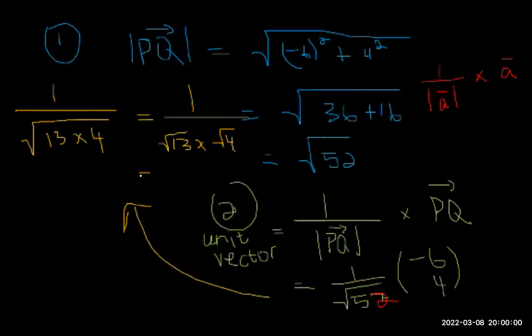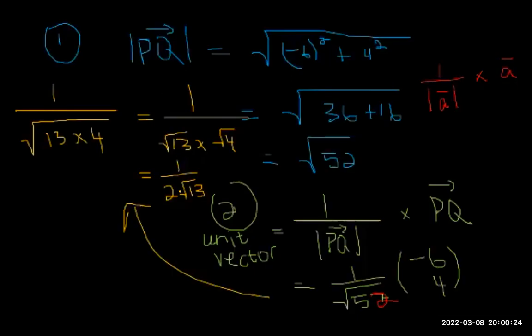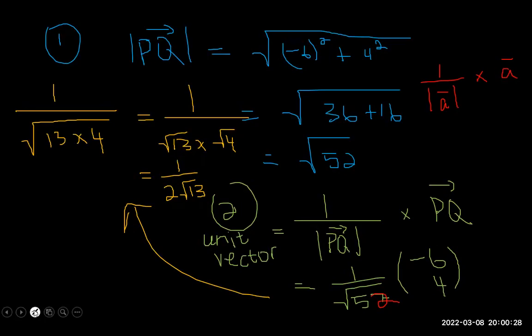The square root of 13 would just remain as the square root of 13, right? Because 13 is not a perfect square. But 4 is a perfect square, and the square root of 4 is 2. So this surd right here, root 52, can actually be simplified to 2 root 13. Do you understand that? Yes, Miss.